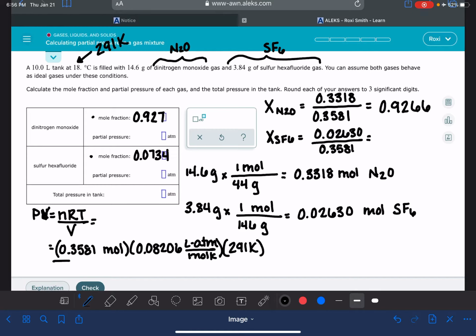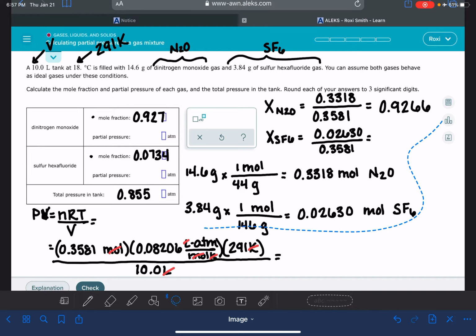Because this is a total pressure calculation, we're using the total of everything, the total moles, the total volume. 10 liters, there's our volume. Our Kelvin units cancel, our liter units cancel, our mole units cancel. When we do the math, 0.3581 times 0.08206 times 291 divided by 10 gives us a total pressure of 0.855 atmospheres.